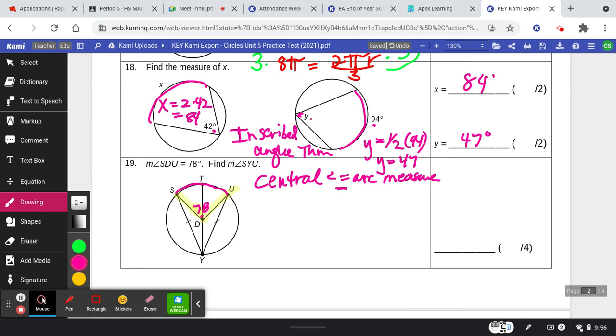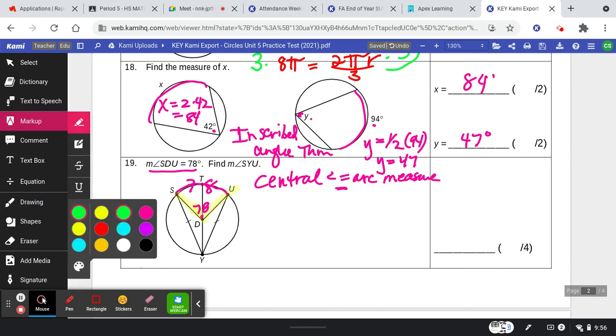So this is a 78, so what's my arc measure? Also 78. Literally, the central angle equals the arc measure. It's that easy. So since I know that angle, it was given to me right here, I know the arc measure as well. Now that I know that arc measure, what are they asking me for? They're asking me for SYU, an inscribed angle.